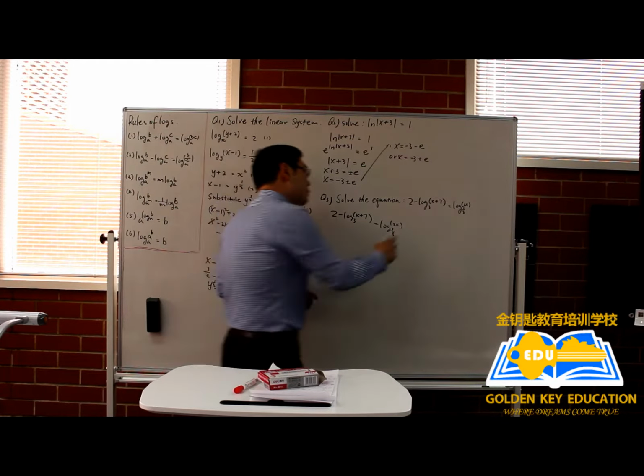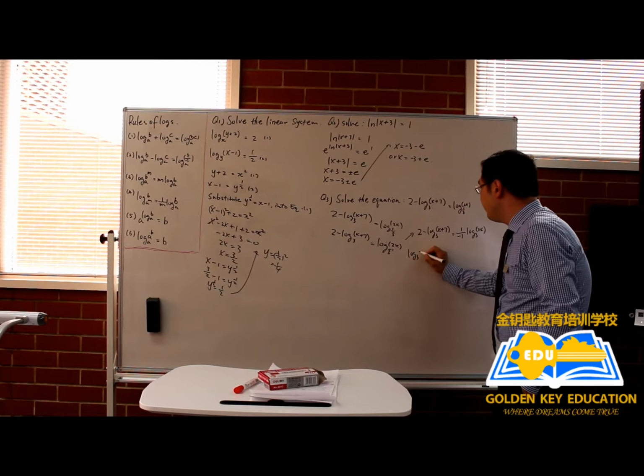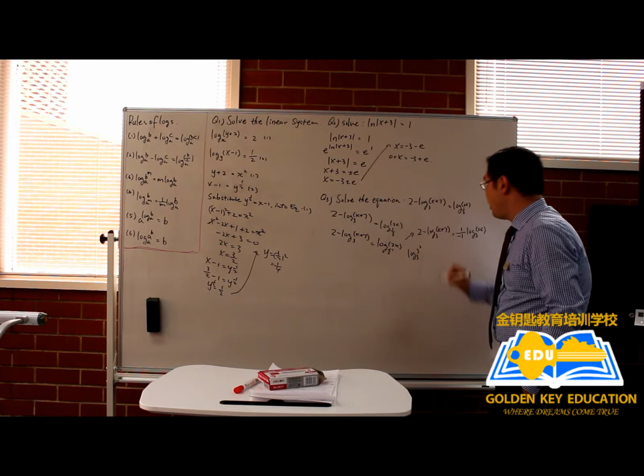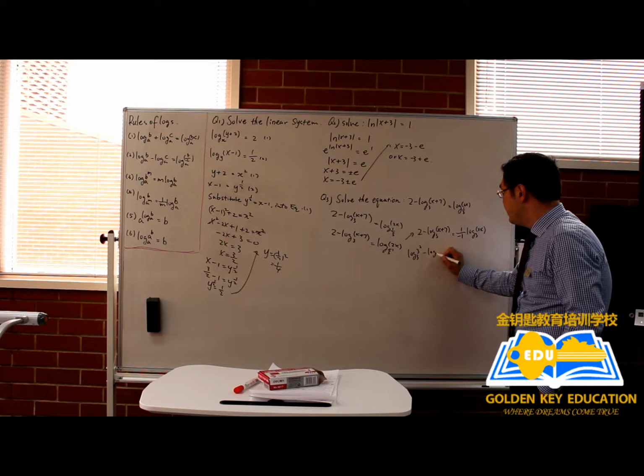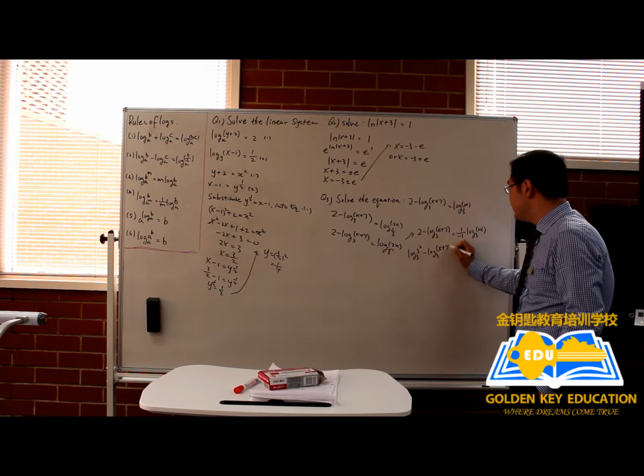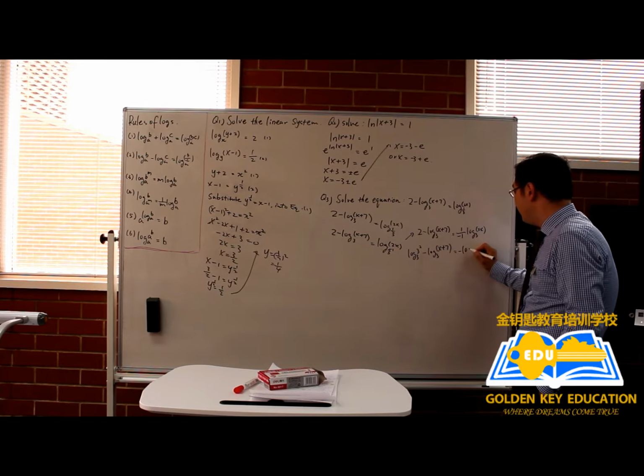Okay, then we want to make sure everything is written as a single logarithm. So we prefer to have log base 3 of 3 to the power of 2, minus log base 3 of x plus 7 equals negative log base 3 of 2x.